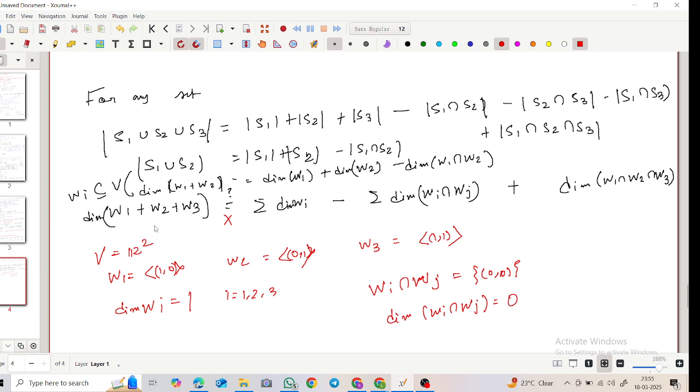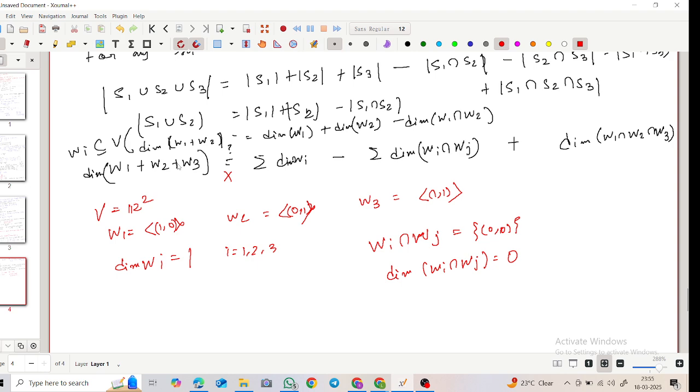Now W1 plus W2 plus W3 becomes R2, so the dimension is 2. And here it is 1 plus 1 plus 1, 3, but every other term here is 0. So this is not equal.